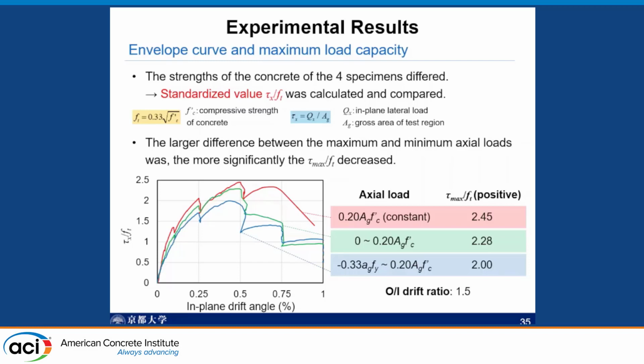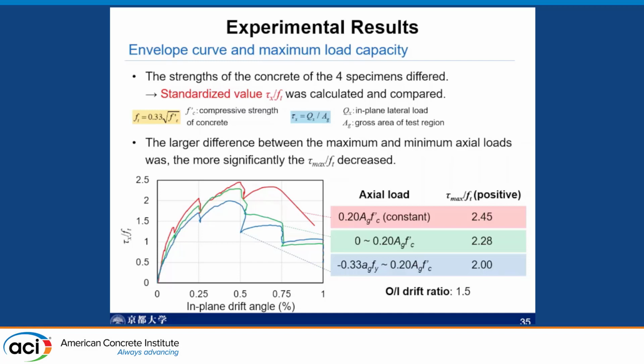So then this y-axis shows the shear capacity, but as I said, the concrete strengths were different between the specimens. So then we standardized the capacity by dividing the capacity first by the sectional area of the wall, and also by the tensile strength of the concrete.